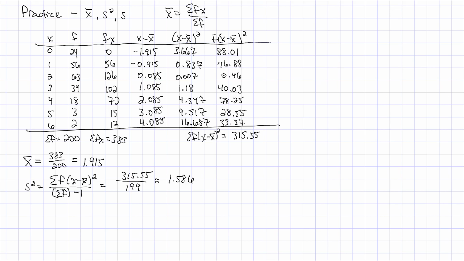Our standard deviation is the square root of our variance. So it's the square root of 1.586, which is 1.259.